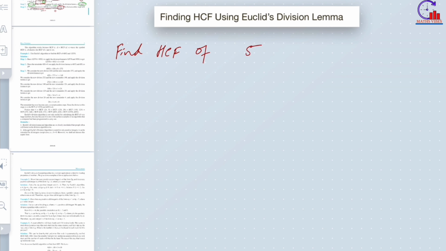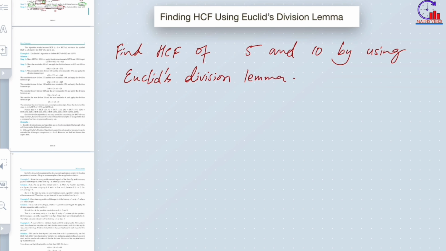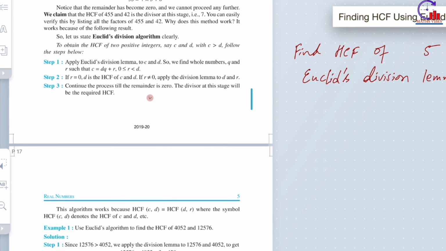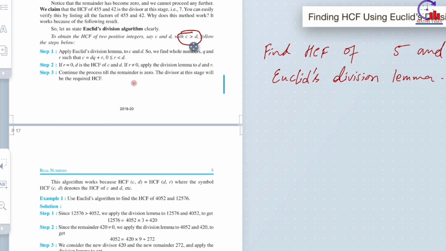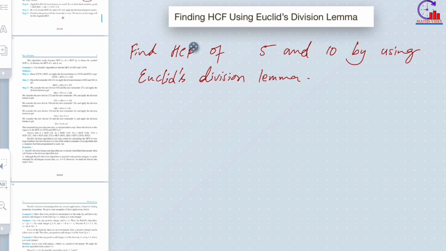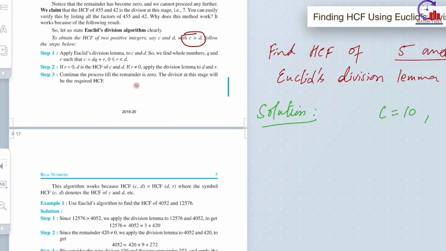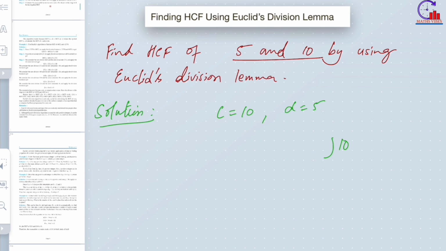Find the HCF of 5 and 10 by using Euclid's division lemma. So here you need to find the value of C and D, where C should be greater than D. In this example, the value of C is 10 and the value of D is 5, right? Now apply Euclid's division lemma: we divide 10 by 5, so we get the remainder 0.